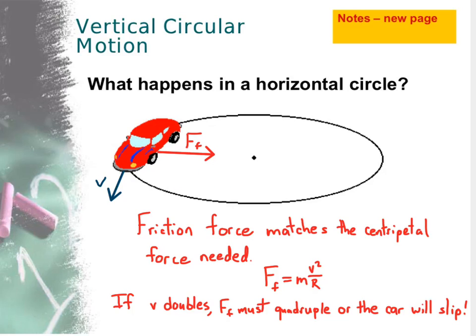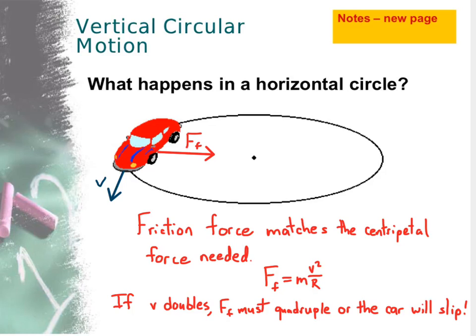And the friction force matches the centripetal force that is needed to put this car in uniform circular motion. So the friction force will adjust itself so that it equals m times v squared over r.